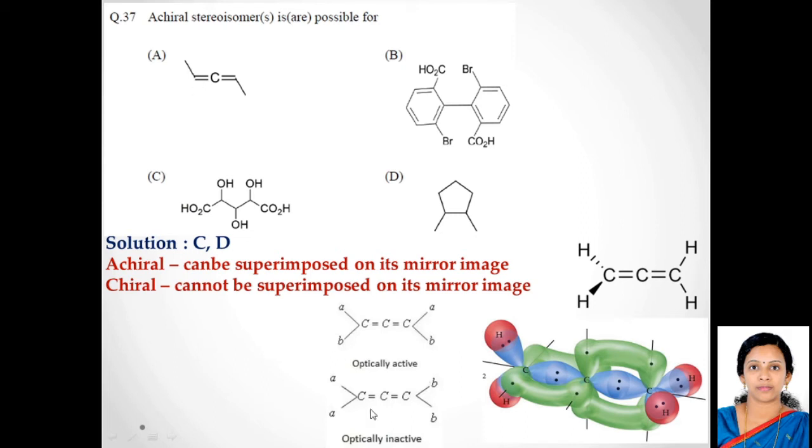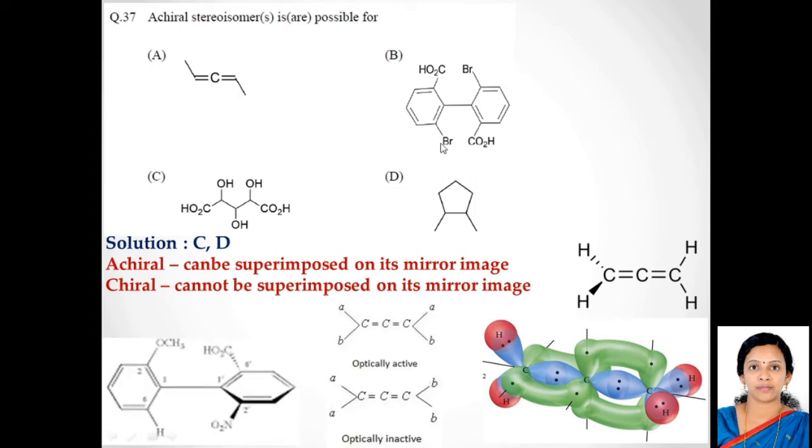If the two substituents are different, then that makes it an optically active allene. But when the two substituents are the same, then that allene will not be optically active. So we have to check if the carbon has two separate substituents or the same substituent. Here it's methyl and hydrogen, so this is definitely a chiral allene. It is not achiral, so this option is out.